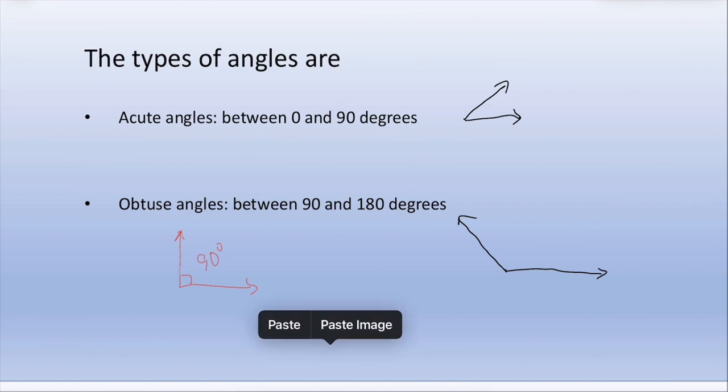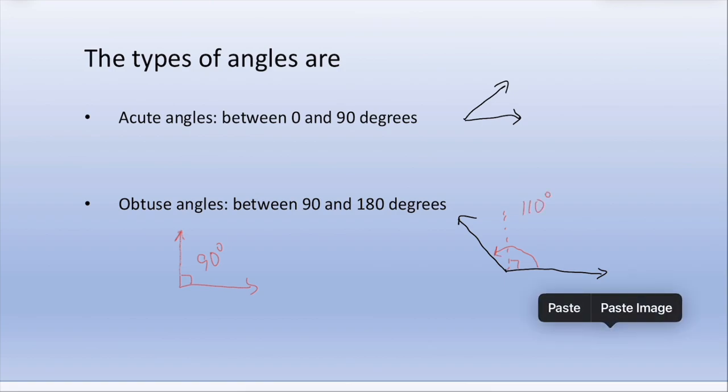So if here is 90 degrees, an obtuse angle is more than that. So let's say that this is 110 degrees. That would be considered obtuse. So that's what they mean by obtuse.